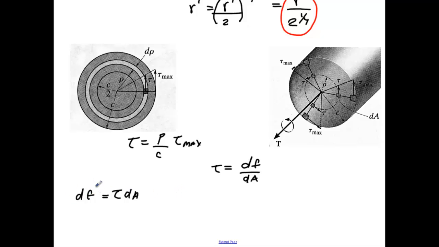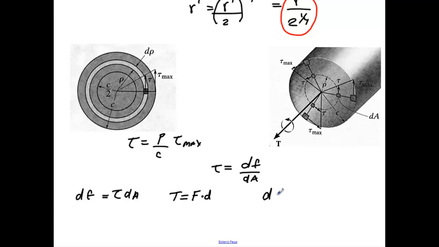Now we want to get this back into torque, and we know that torque is nothing more than some force times some perpendicular distance. Here the distance is going to be P. So I'm going to multiply P by both sides here.